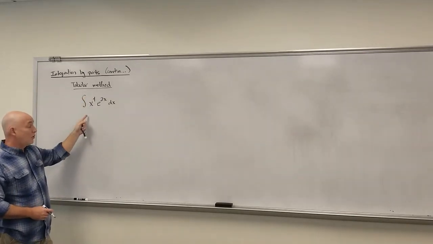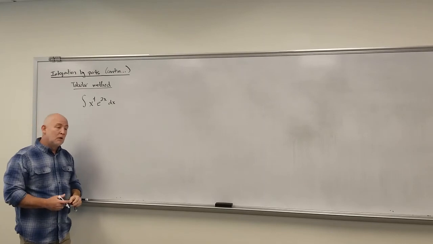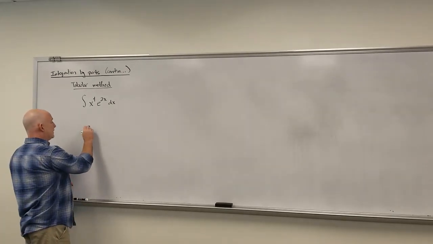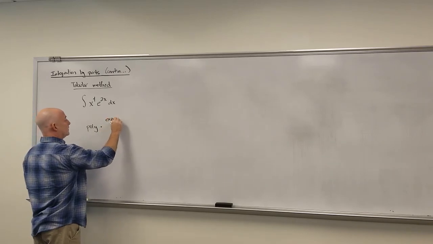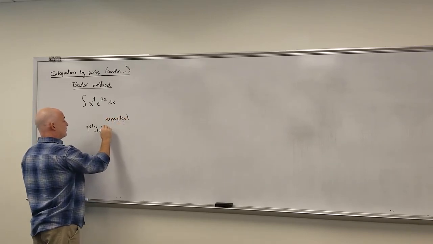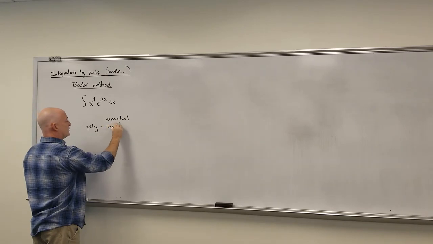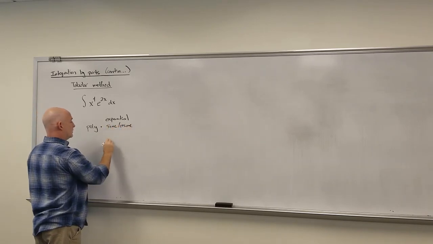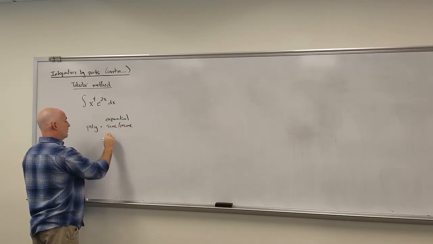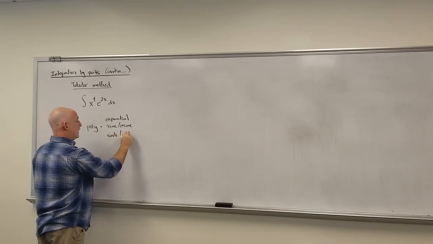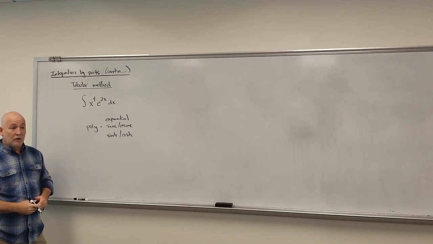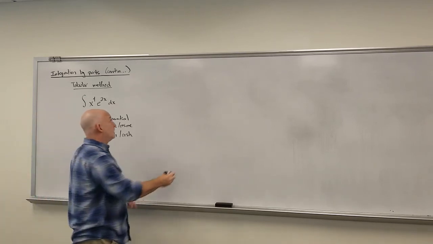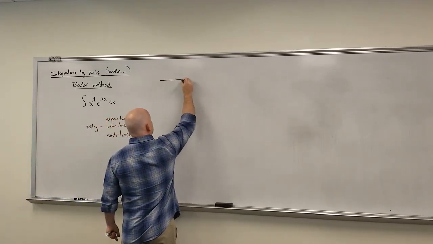So we'd have to do by parts 4 times for this. If you have a polynomial times an exponential, times sine or cosine, or times sinh or cosh, this method works very, very well. And here's what we're going to do. It's called the tabular method because we're going to make a table.